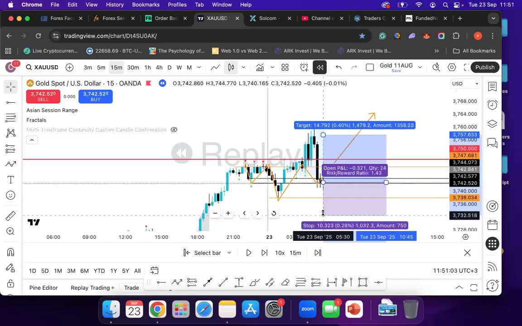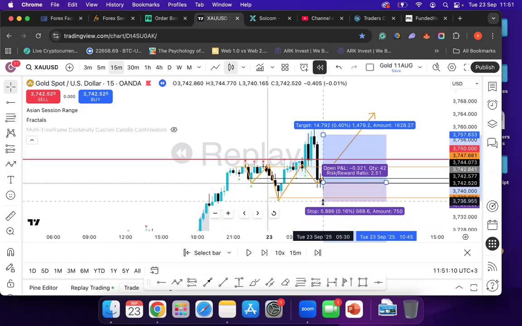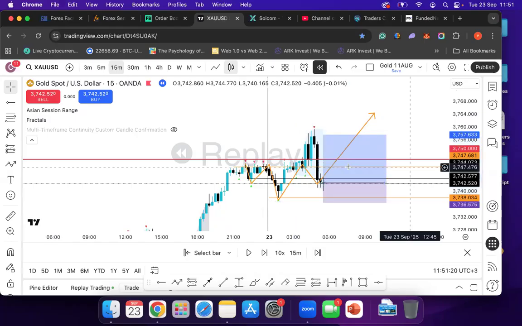So I'll target, my stop loss is standard. Always 60 pips. So from this trade, I just wanted to target this high.